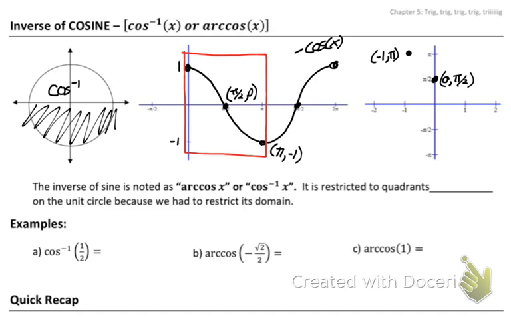And finally, we have 0, 1. And so our inverse is going to be 1, 0. The real hard part is, well, this is concave down. So my first bit's going to be concave up. My second part is concave down, so this one's going to be concave down. It's going to look just like that.